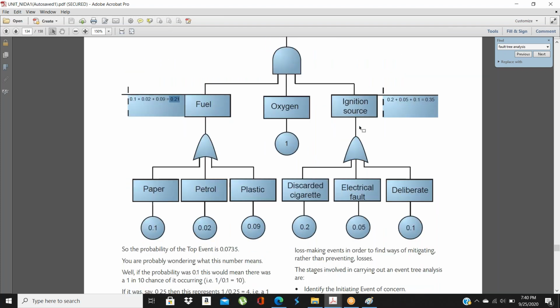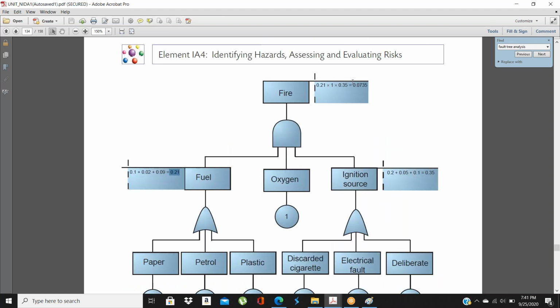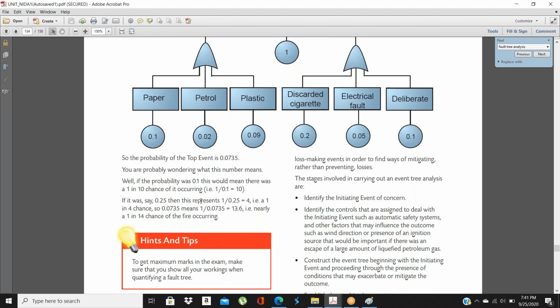We will discuss this in event reanalysis. In that system it will be clear to you how we are converting this to per year. Simple, we need to divide 1 by this. If it's per unit, then 1 divided by this will give you the exact value. Same like here, if it was 0.25, then it represents 1 by 4.